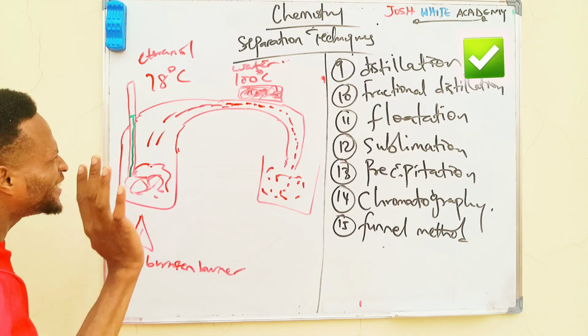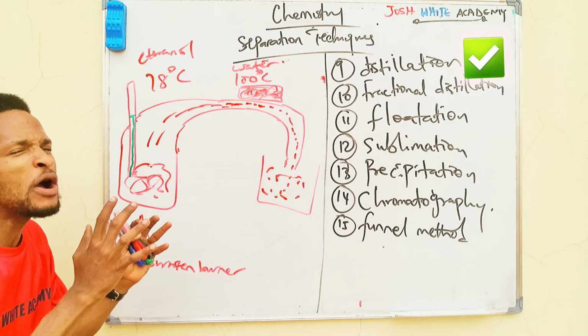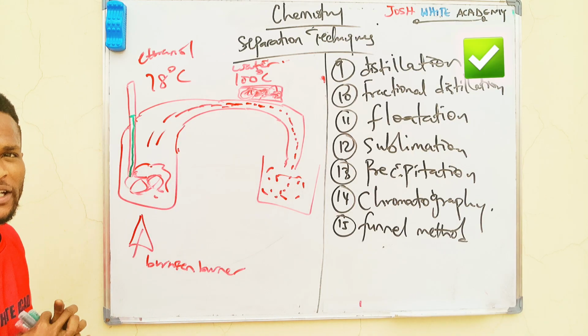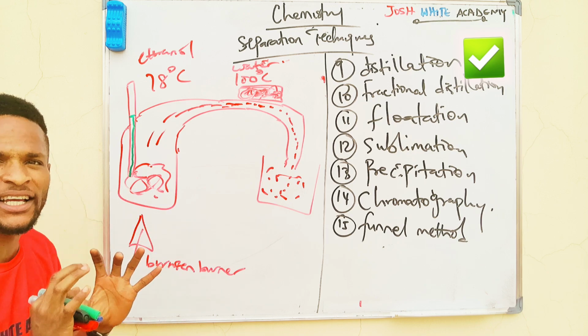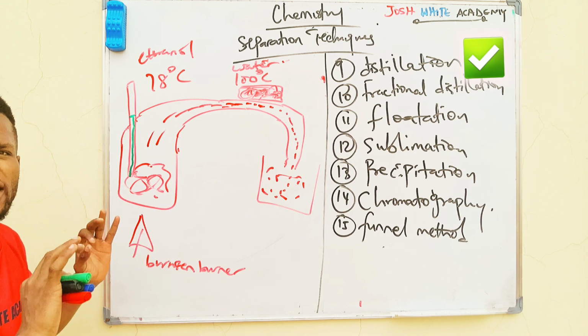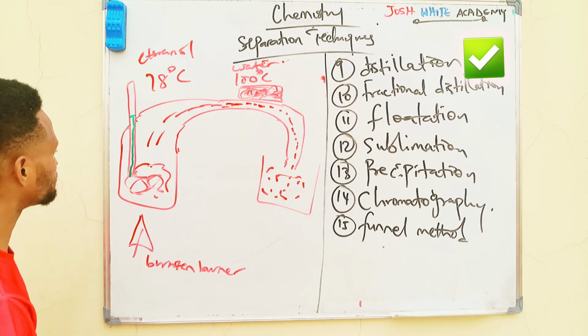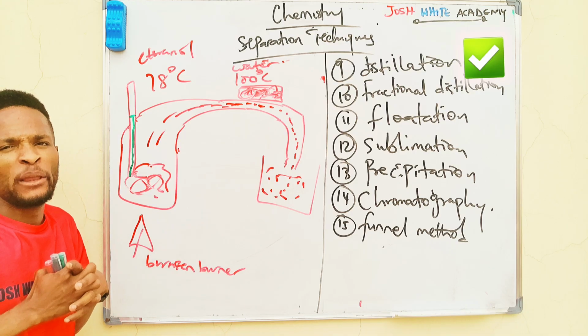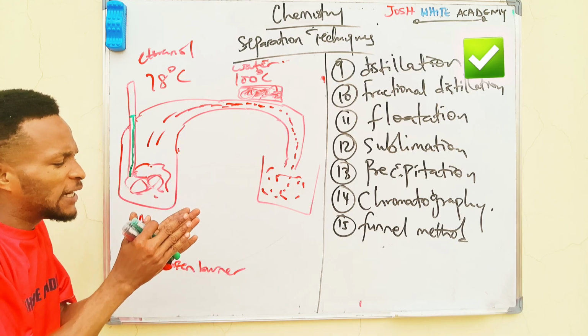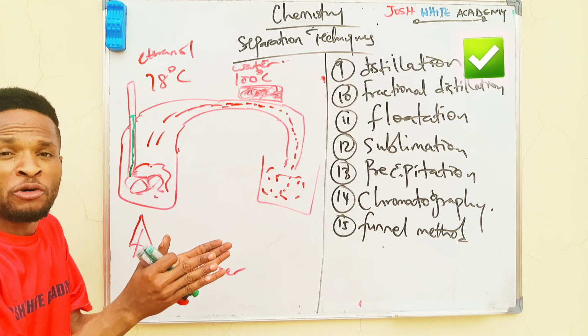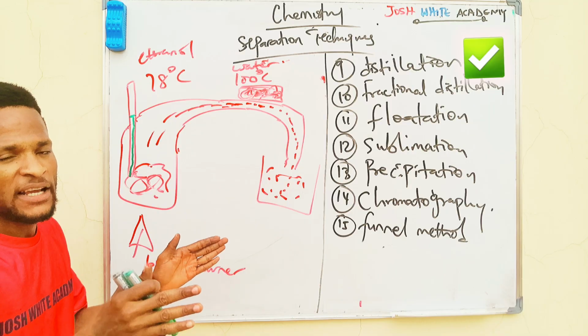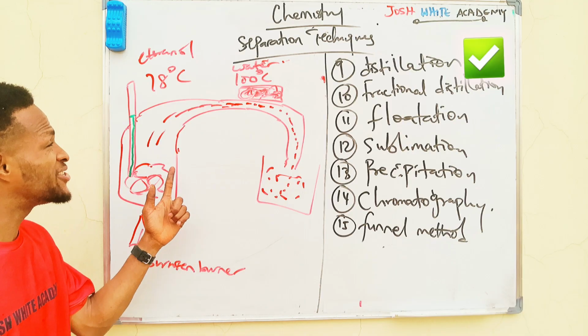So that is distillation. It's used to separate two miscible liquids by taking into consideration their differences in boiling point. And please take note, for distillation, the boiling points must be far apart. If they are very close, you can't use distillation.